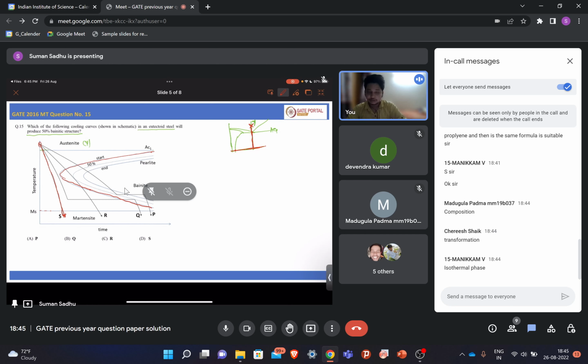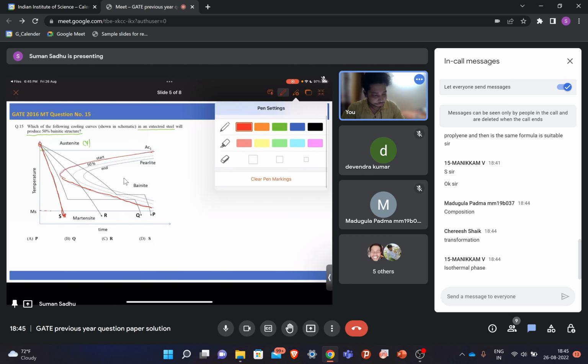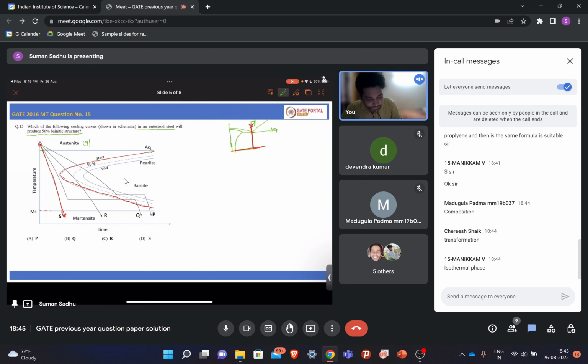Okay. Now first solve this question, then I will discuss these things also: why the shape is C and how you get the C type of curves. So first, this first C curve is showing the transformation start curve, and this other C curve is showing the transformation end curve.